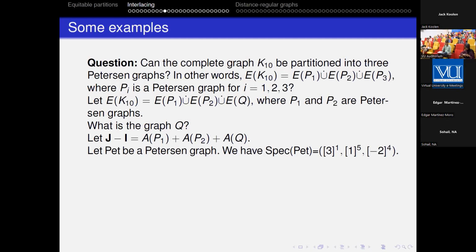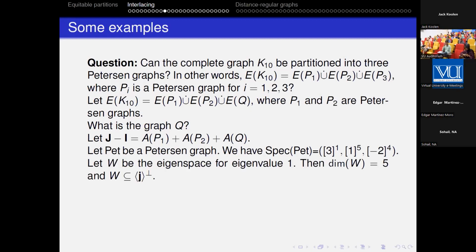And then if you know the eigenvalues, you can easily calculate the multiplicities, because the sum of the eigenvalues will be 0, and the sum of the multiplicities must be 10. And that gives you 2 equations, and that gives you everything.